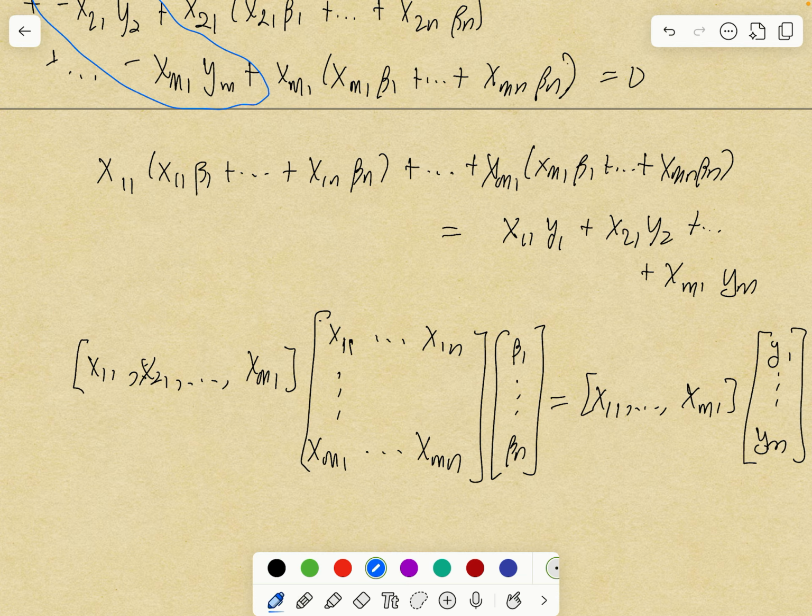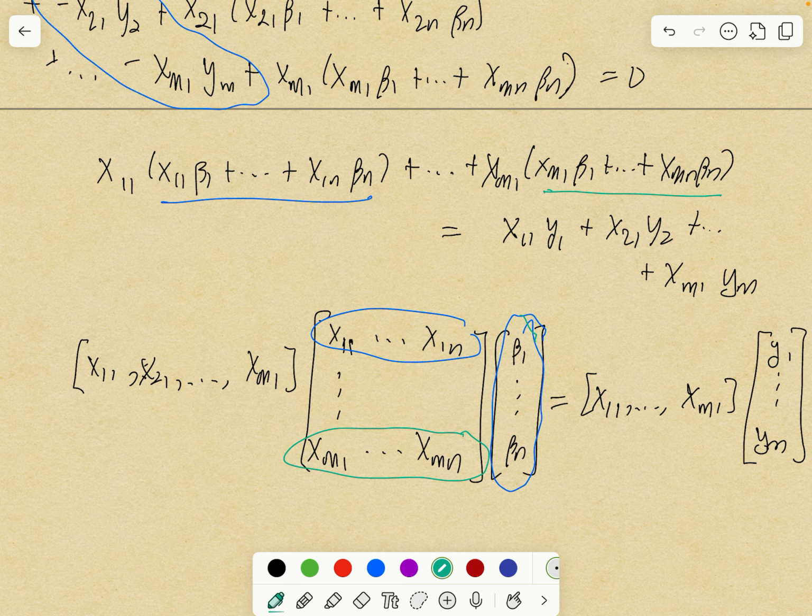Right? Because this first one is just what I get when I take the dot product of the first row of your matrix A with the vector beta. And then the last number here is what I get when I take the dot product of this with beta. And then I have these x11 to xm1, that's here.